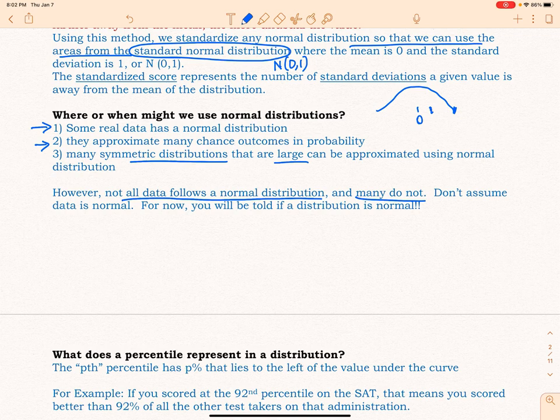You know, just like if you want your teacher to be normal, doesn't mean she can be. Anyway, my point is that you can't assume that data is normal. That is not going to work out for you. For now, I'm just going to tell you if a distribution is normal, and then we will move on from there as far as finding conditions and all of that. We'll do that later on.